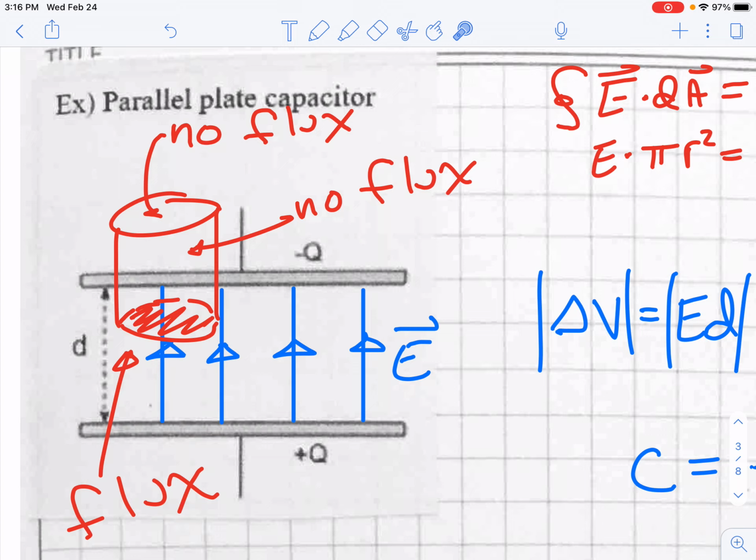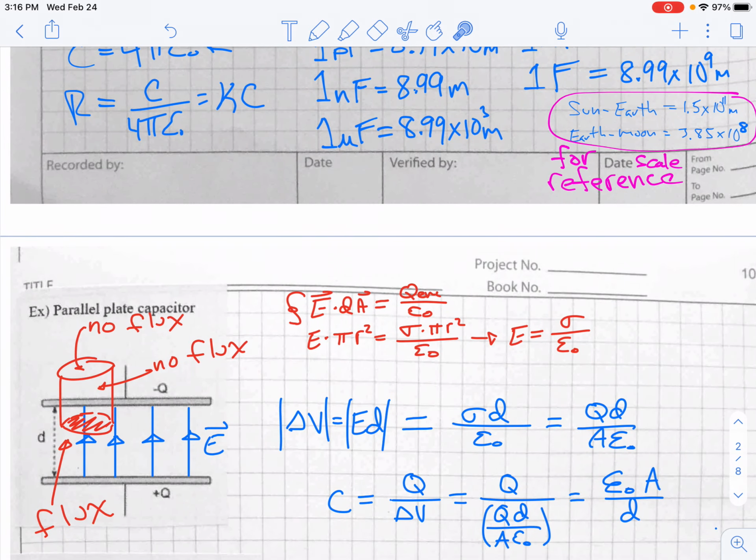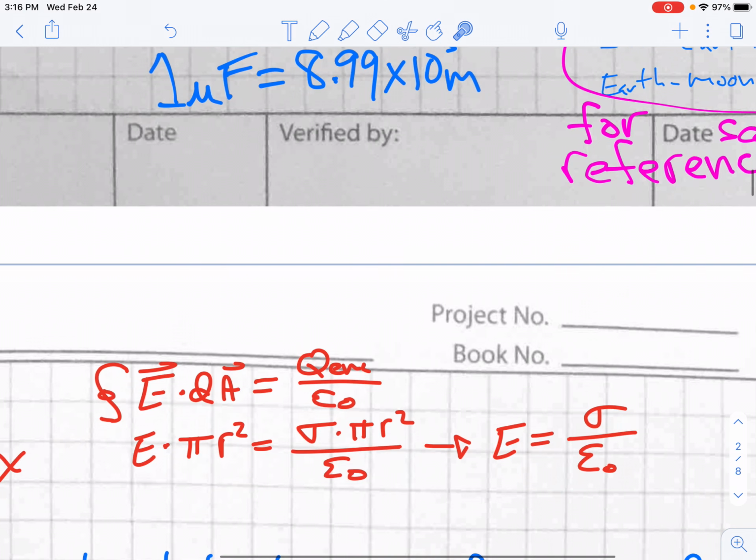So when you go to do Gauss's law here, we have the surface integral of E dot dA. Electric field is constant. dA just becomes pi r squared, not 2 pi r squared, because only one end cap had flux. The charge enclosed is sigma times pi r squared, right?